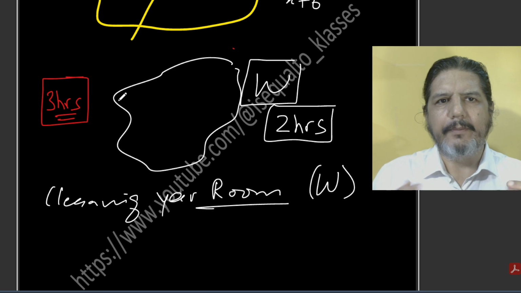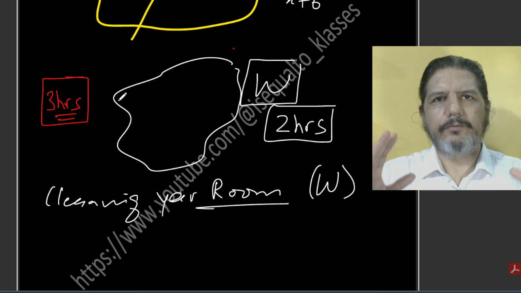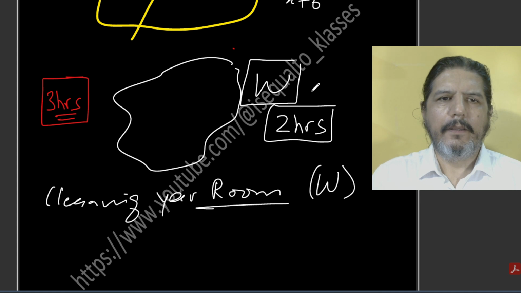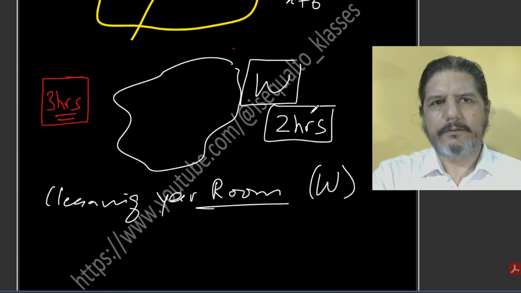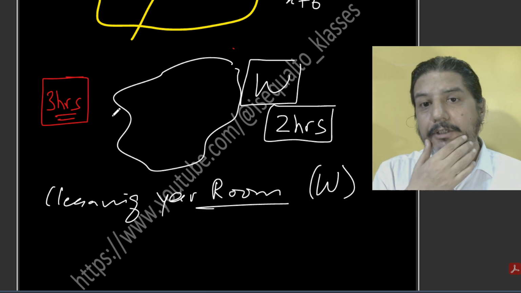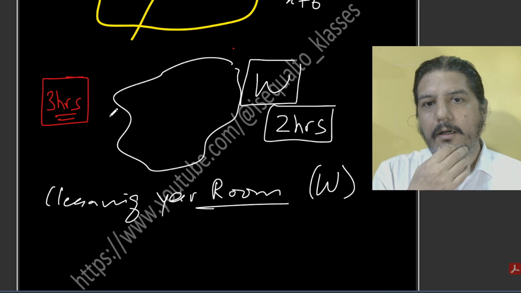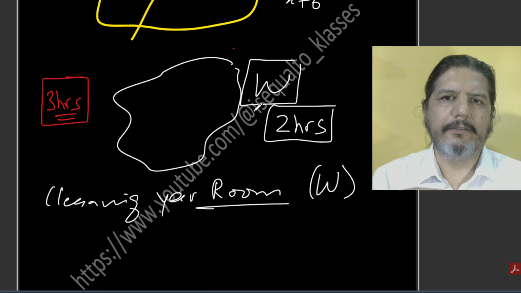I'll repeat what is happening. There is a room that has to be cleaned. So cleaning the room is a work denoted by W. If you are only cleaning the room, it will take 2 hours. Let's imagine that your sister is working alone.